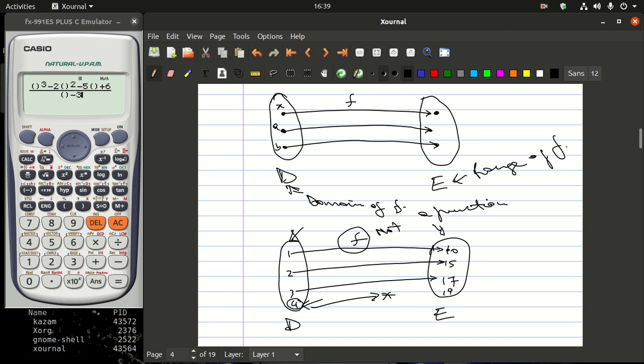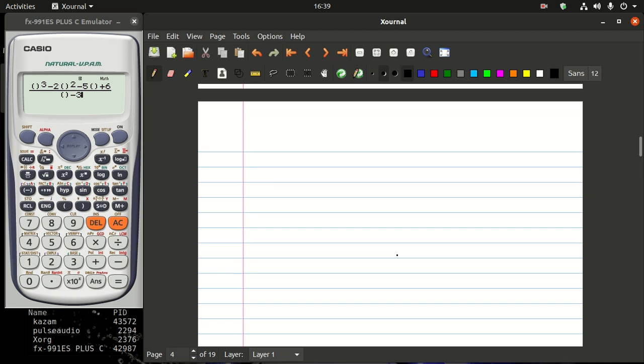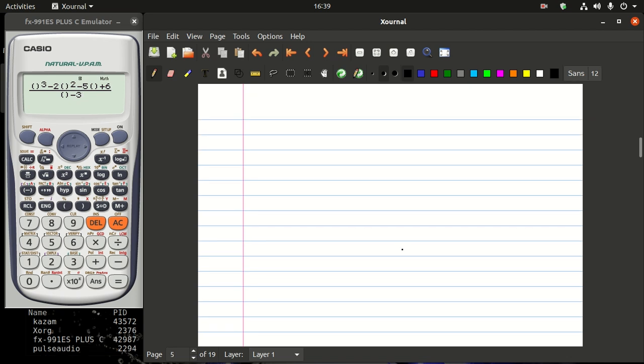Then D is not the domain of that, unless we cut a piece of it and say, okay, if we are dealing with this piece here, in that particular case, f will be a function. Now, let's look at several other examples of this.